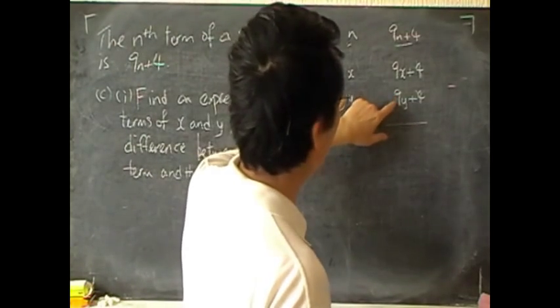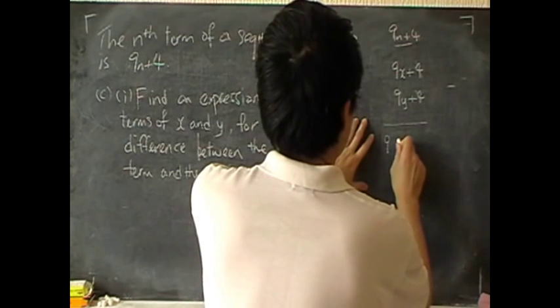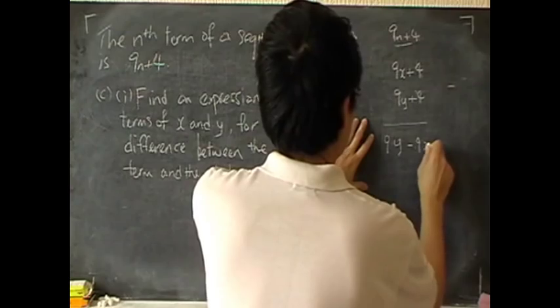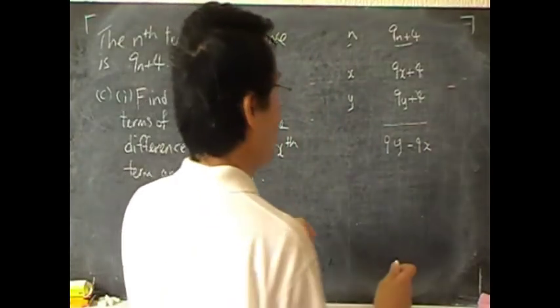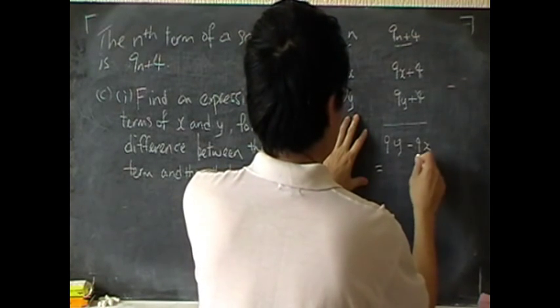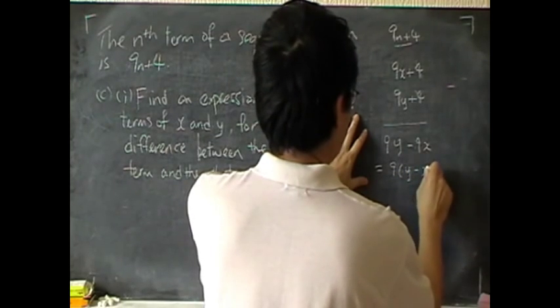If I take 9y minus 9x, that's what I get. I might simplify that and write it as 9 times bracket y minus x.